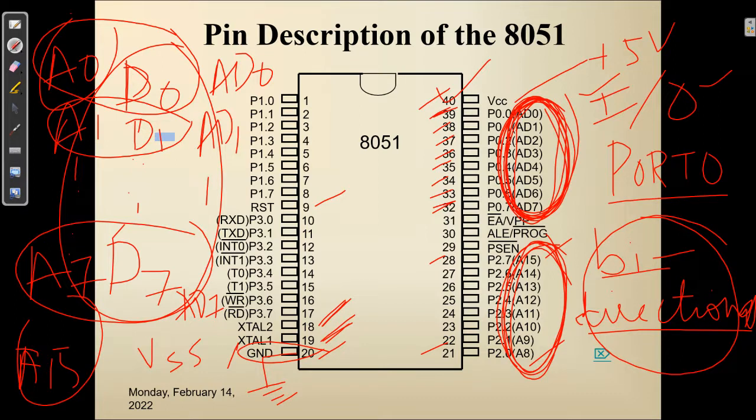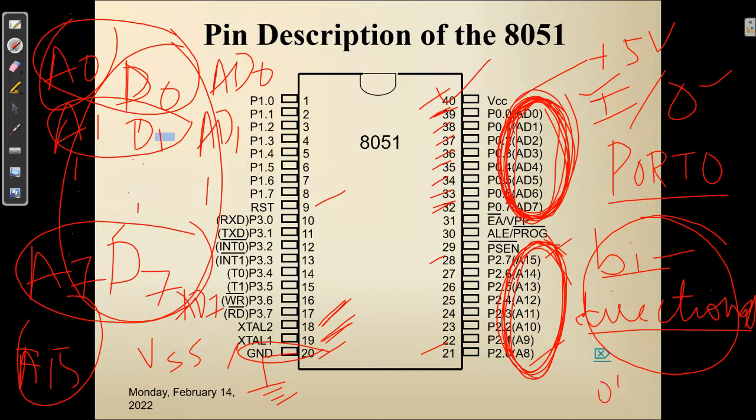So A0 to A15 कहाँ पे मिलेंगे? यहाँ पे पोर्ट 0 भी यूज करना पड़ेगा, तो लोअर 8 बिट A0 टू A7 यहाँ पे मिलेगा, और हायर 8 बिट A8 टू A15 यहाँ पे मिलेगा. So in that case, I will be able to access all your 64K of external ROM. The starting address is 0000H and the ending address is FFFFH.